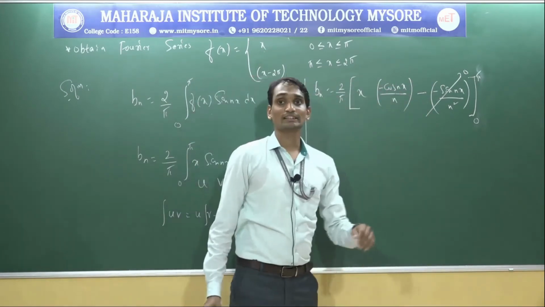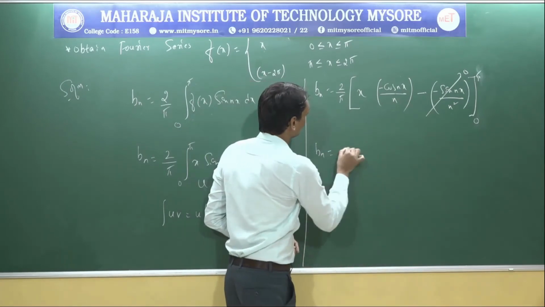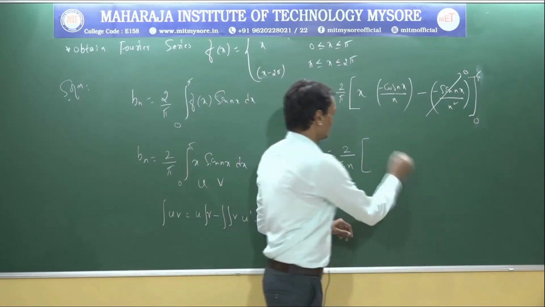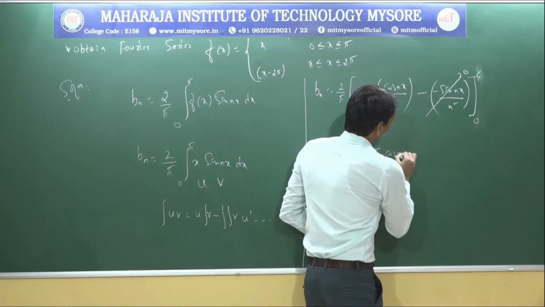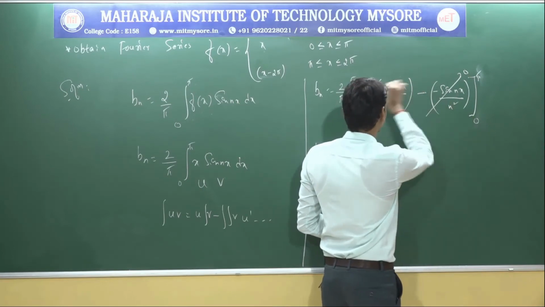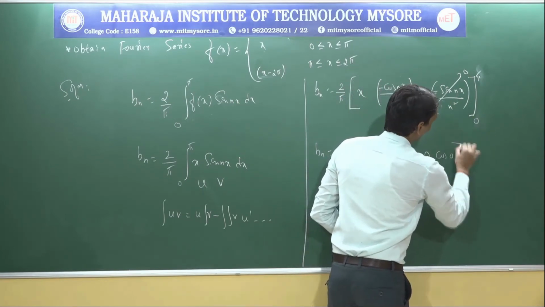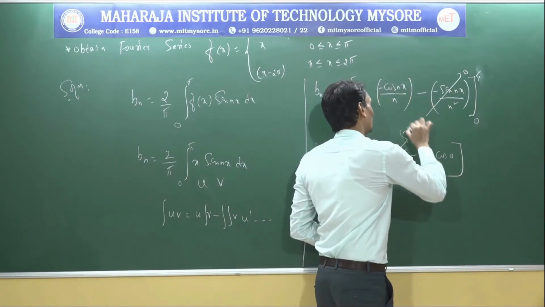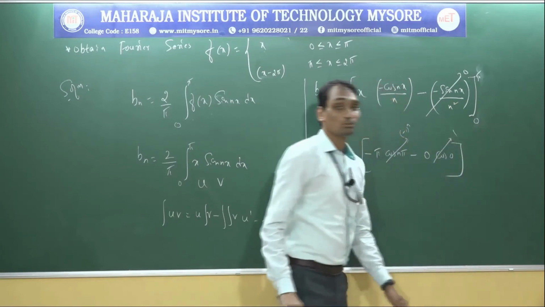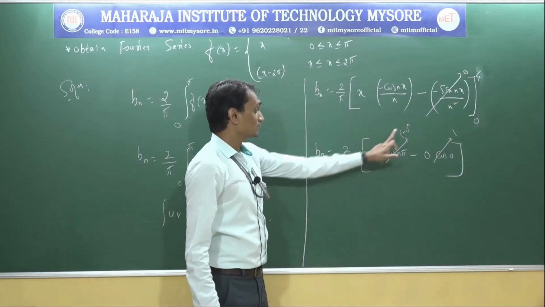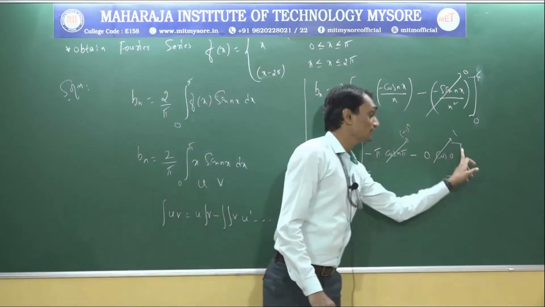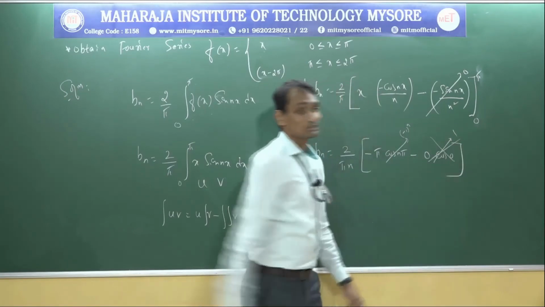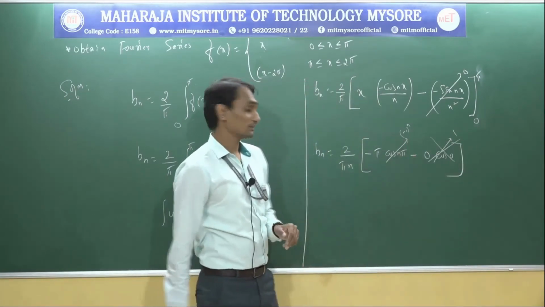Now I will substitute the integral limits. That is bn equal to 2 by pi n, taking n outside, into minus pi into cos n pi, minus, if I substitute 0, 0 into cos 0. Cos n pi means minus 1 power n, cos 0 means 1, but 0 into 1 is 0. So the whole second term becomes 0, not required, only the first value we need to write.